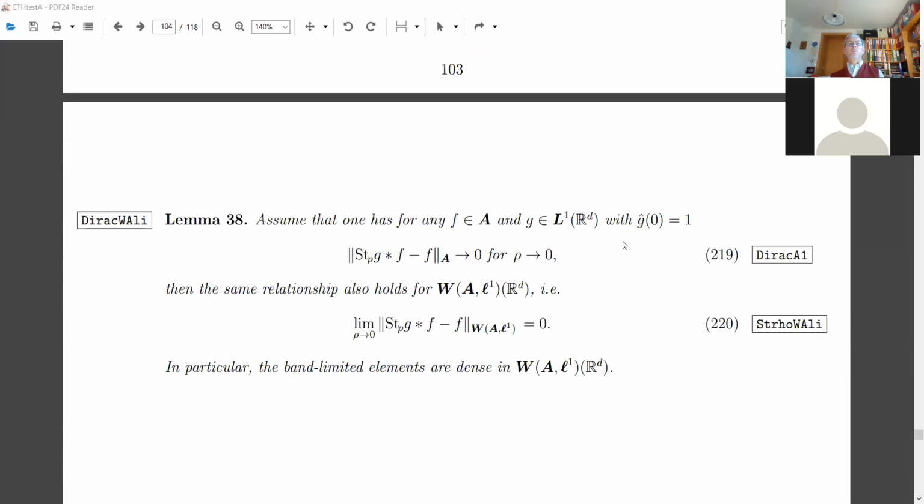I have also added one theorem, a little theorem, which means that both for the C0 and the Fourier algebra norm, Dirac sequences act in the appropriate way. So you can take the Dirac sequence in L1, and again, we can do it first for standard Dirac sequences, so maybe box functions or triangular functions with compact support.